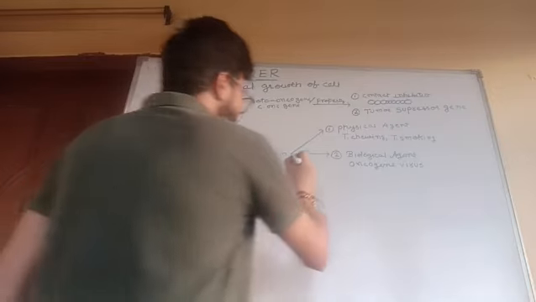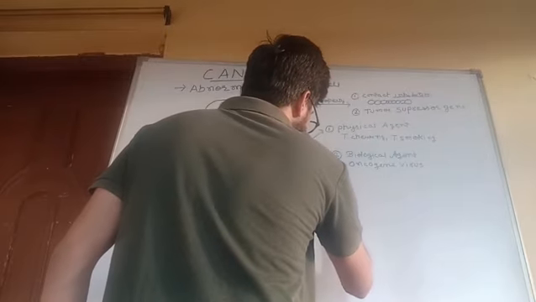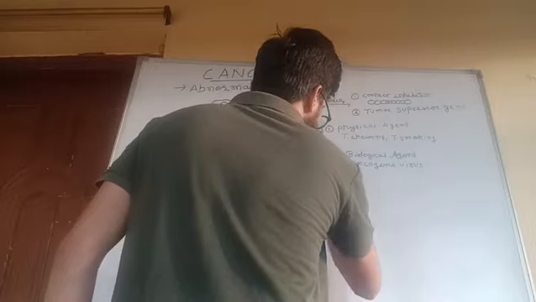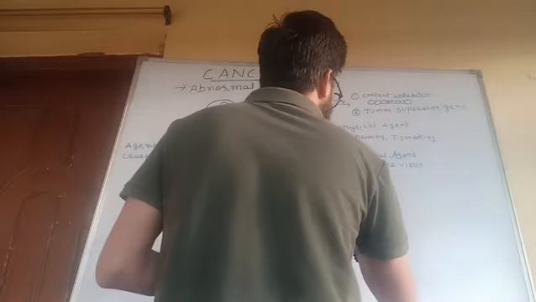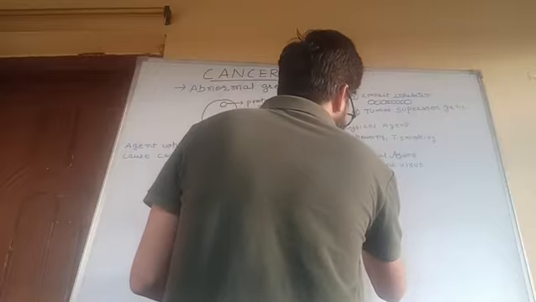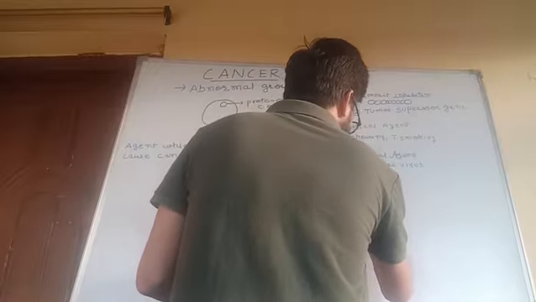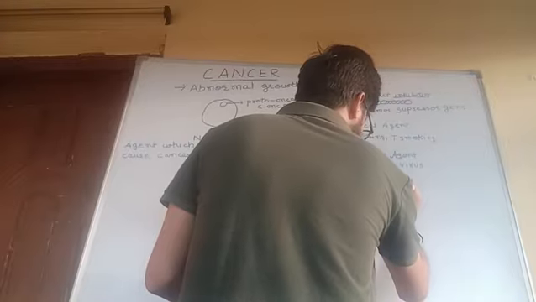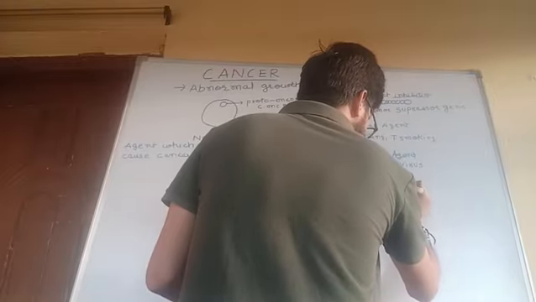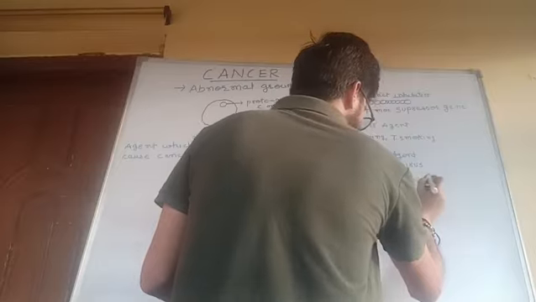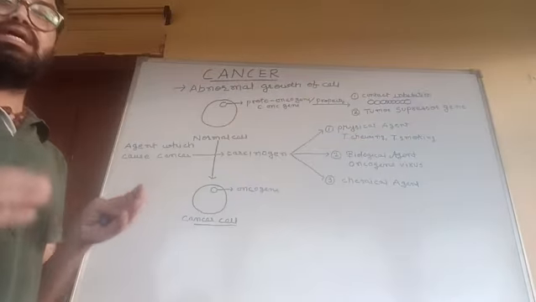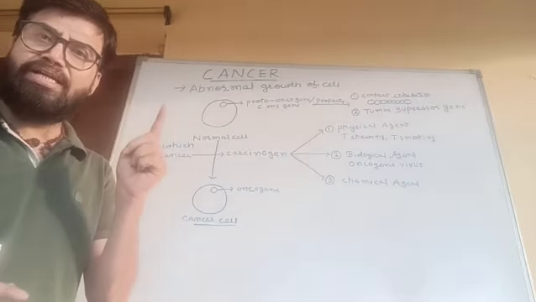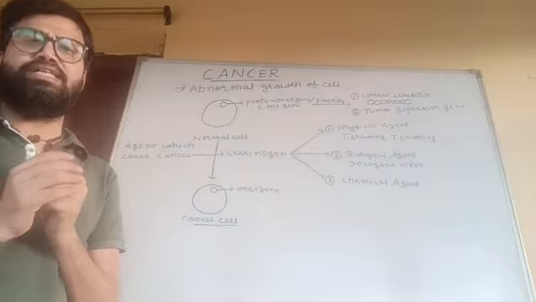And the third agent, my dear students, is the chemical agent. Clear? This chemical agent will be divided into two categories: ionizing radiation and non-ionizing radiation.